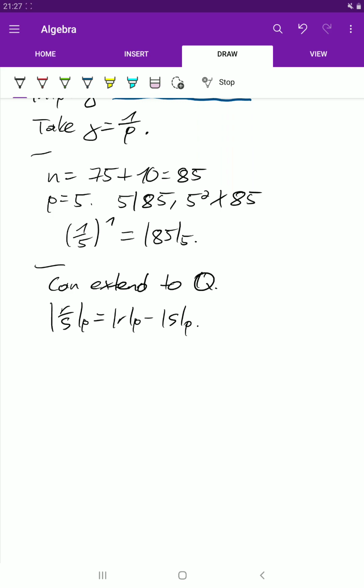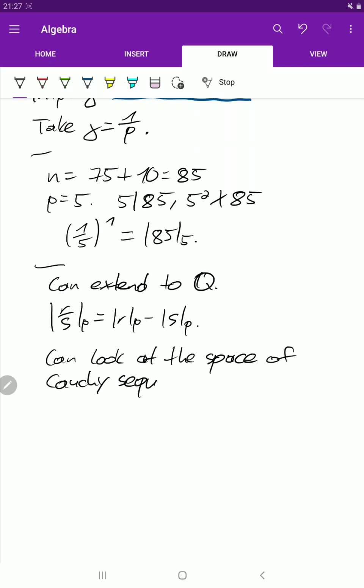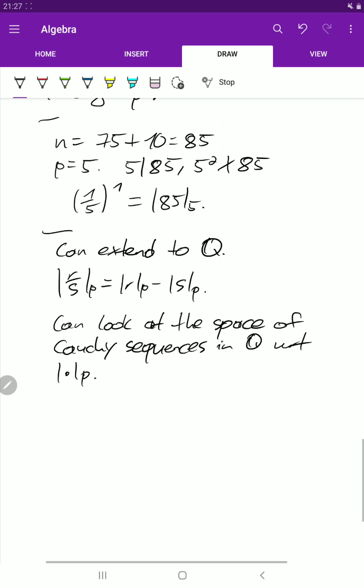So now we take analogy with the real case. We can look at the space of Cauchy sequences in Q with respect to this P norm.